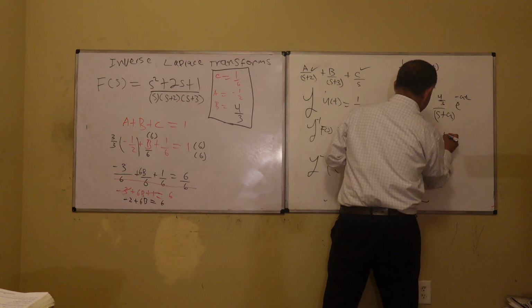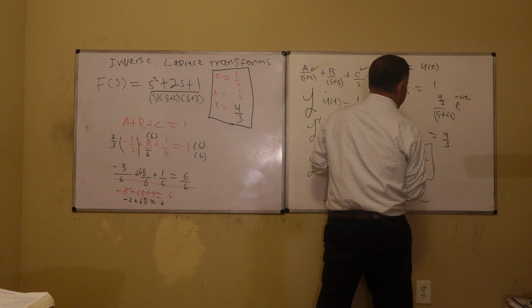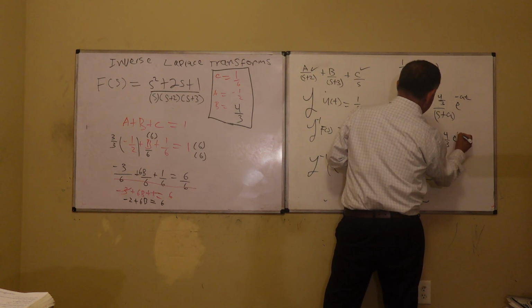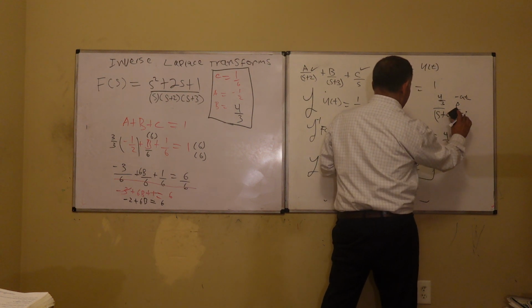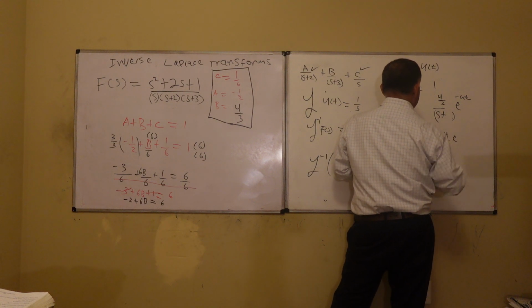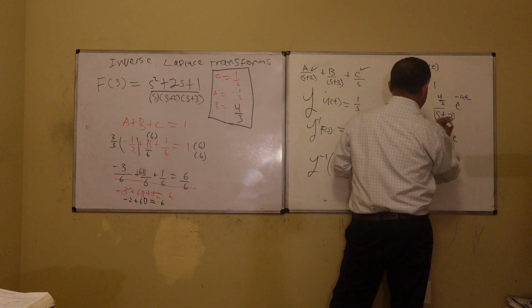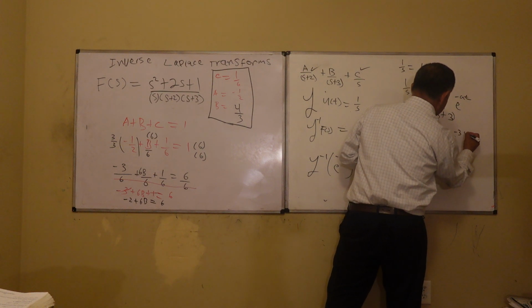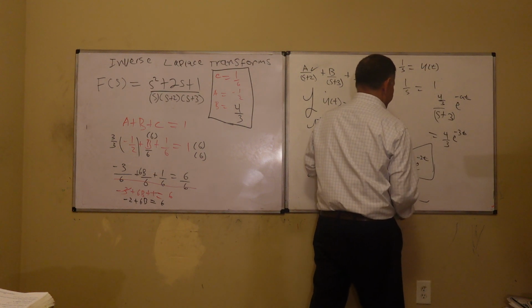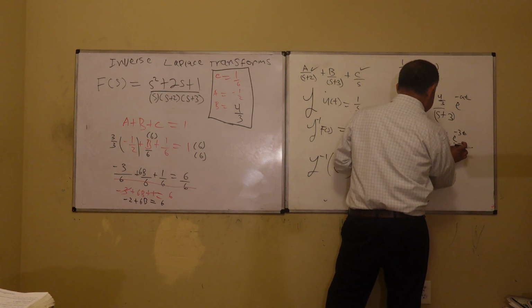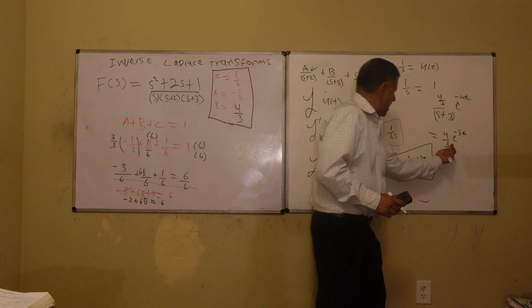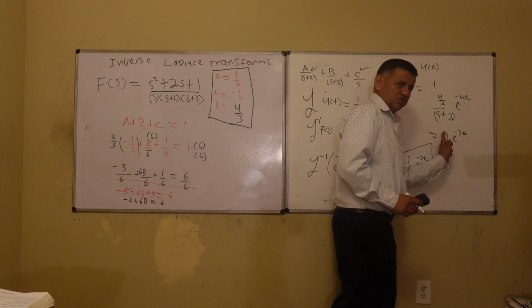Then we have 4/3 and then e, and this is 3, actually. So now this is negative 3t. This can be moved to the bottom or the top, it doesn't matter.